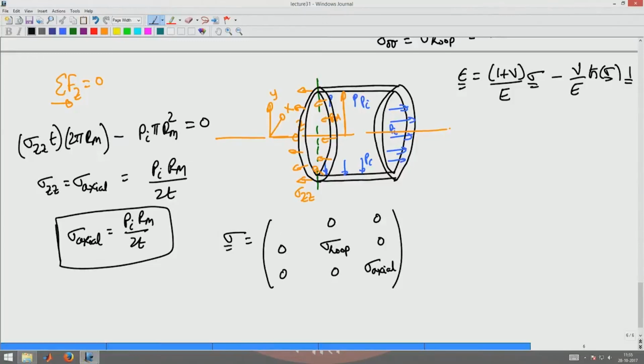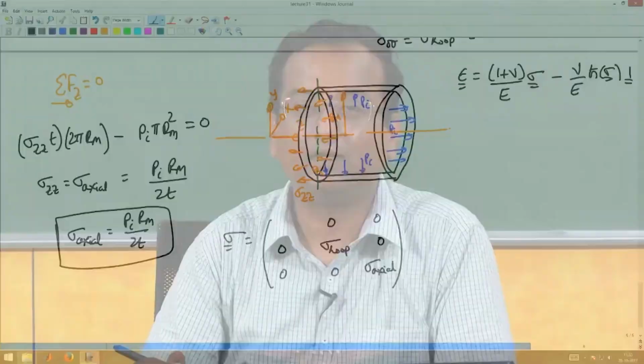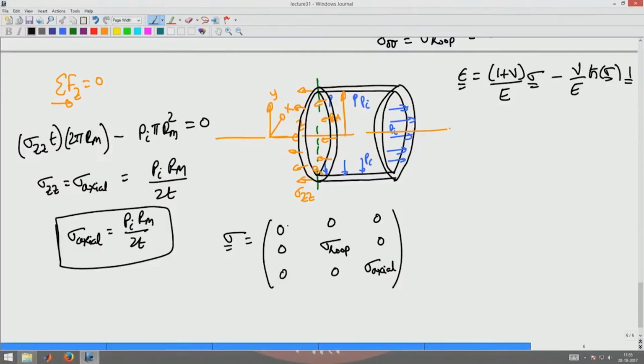Radial stress will vary from Pa at the inner surface to 0 at the outer surface. It being thin walled, you assume that there is no radial stress induced in the vessel. That is an assumption we are making, otherwise you have to distinguish between the inner surface and the outer surface and do appropriate computation. So, we will assume that the radial stress is 0 for thin walled vessels.